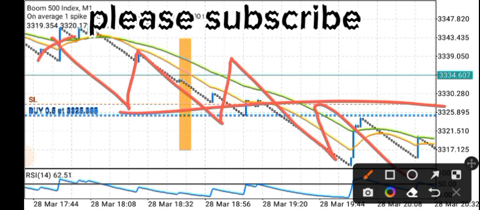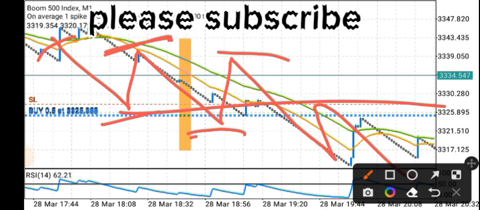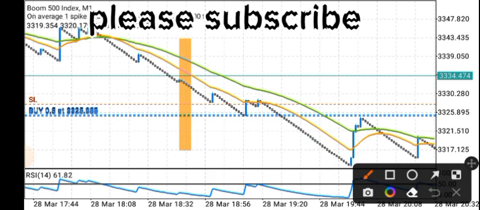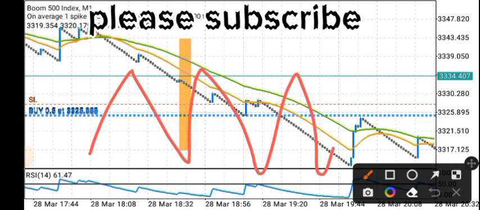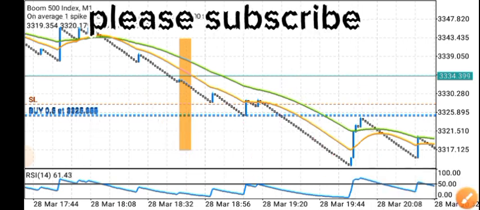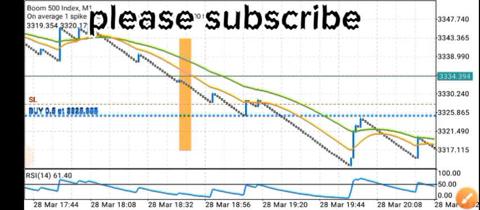You want to have high, low, lower high, lower low, lower high, lower low, just like that. That's what the market gives us in the downtrend. Whereas the sideways trend will be giving you something like this: equal highs, equal lows, equal highs, equal lows, right? That is it.